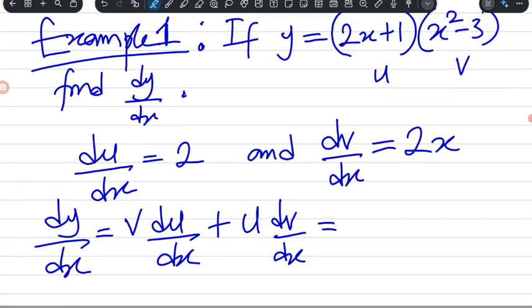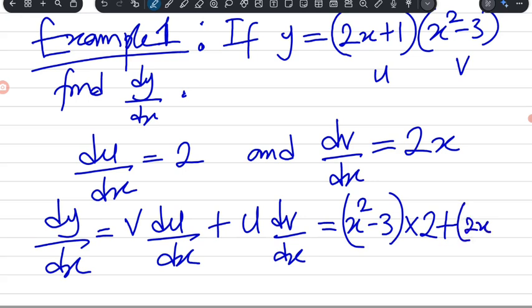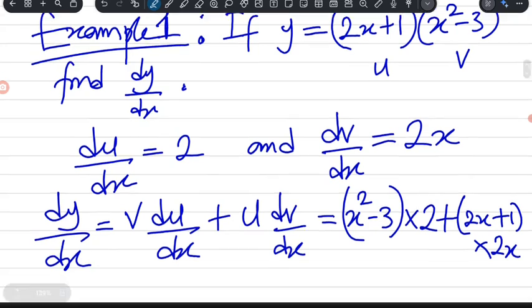Our v is x squared minus 3, to multiply du/dx, which is 2, plus our u, which is 2x plus 1, to multiply dv/dx, which is 2x.